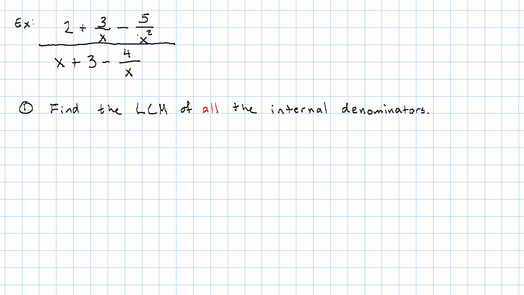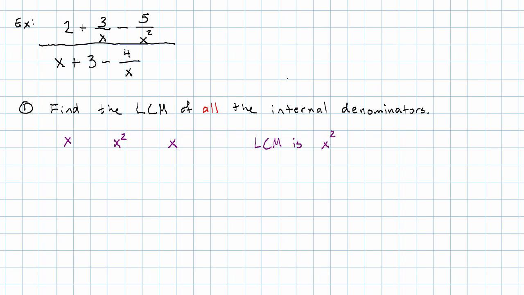I mean the denominators within the rational expressions we're putting together here. So in this example, we have an x squared, and another x. Well, that's an easy least common multiple to find, right? The least common multiple is just an x squared.